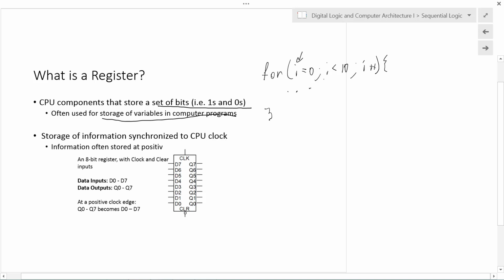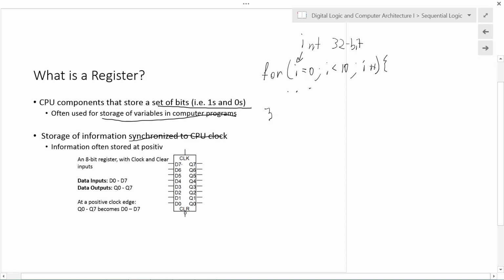This variable here is an integer that is 32-bit in our supposed CPU architecture for MIPS, and it can be stored in a register. Storage of information, and it is synchronized to a CPU clock. And the information is often stored at the positive edge of a clock signal, though sometimes it is stored at the negative edge.